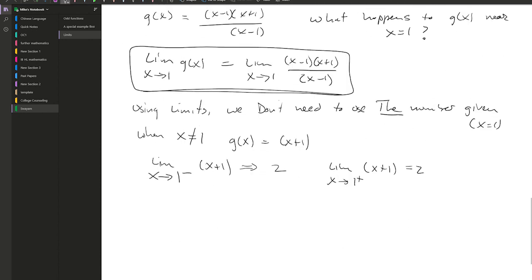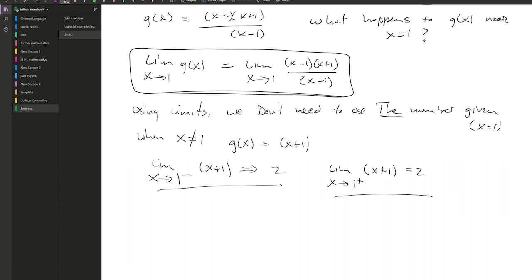And so we say, oh, hey, look, the left limit and the right limit are equal, and so we would say that the limit as x goes to 1 of g of x is 2, even though g of 1 does not exist.